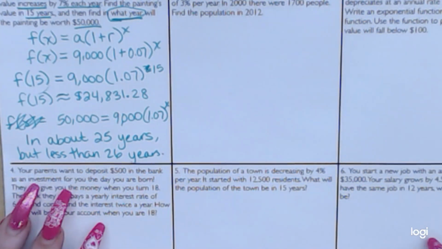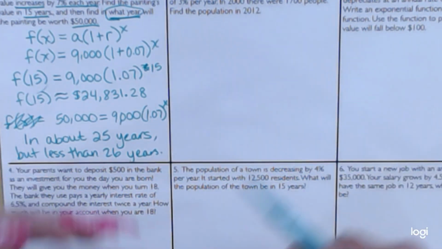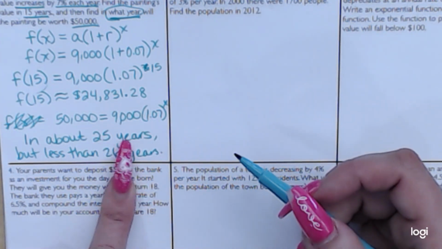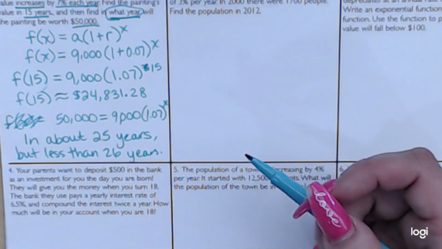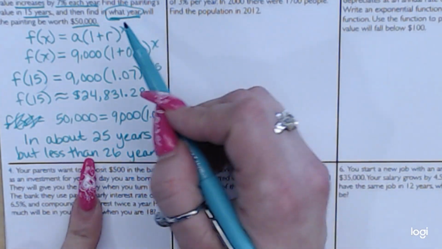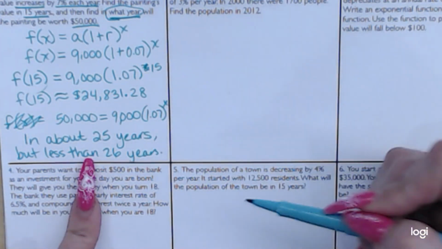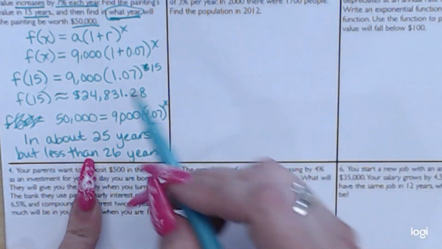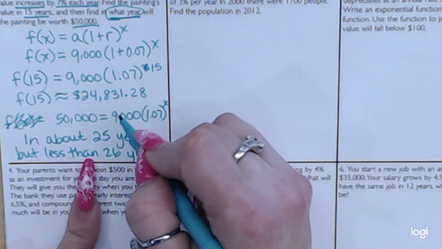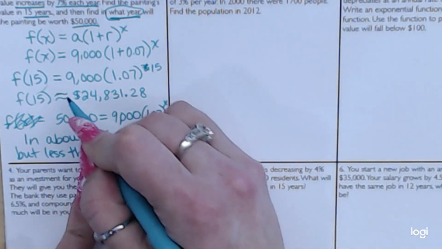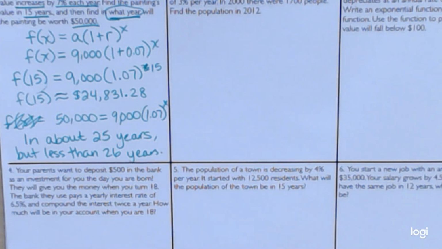And we could come up with a specific value. We could keep going and do 25.2, 25.3, and just keep trying that. But it's just saying in what year. It's going to be in between the 25th and 26th year. And that's okay. We used our approximation. Well, we didn't use it here. We used it up there, so that's fine. Okay.